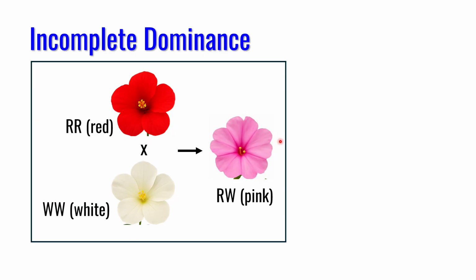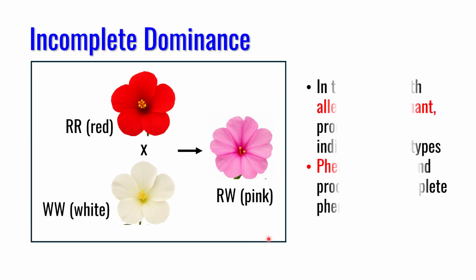This pink color flower did not match completely with the phenotypes of the parents, therefore it was called incomplete dominance.